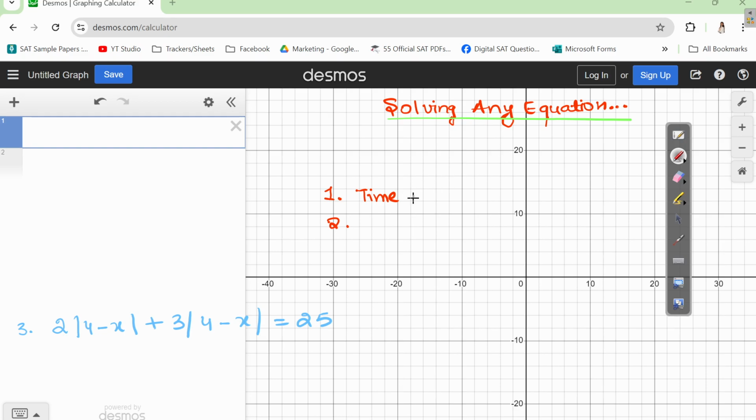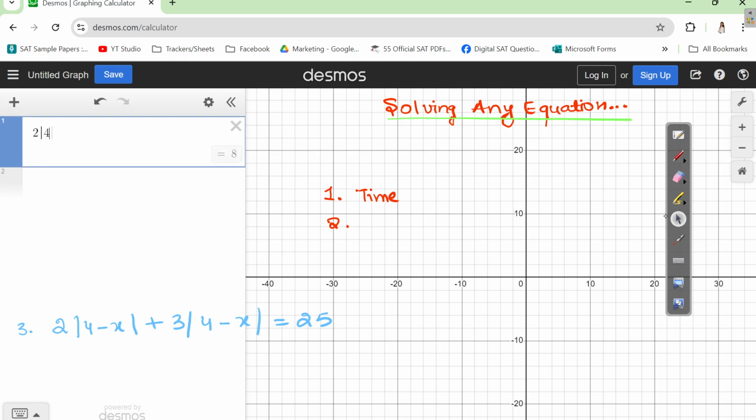You always make the calculation errors. So if you're solving the equations on DESMOS, DESMOS is not going to make a calculation error because DESMOS is God.